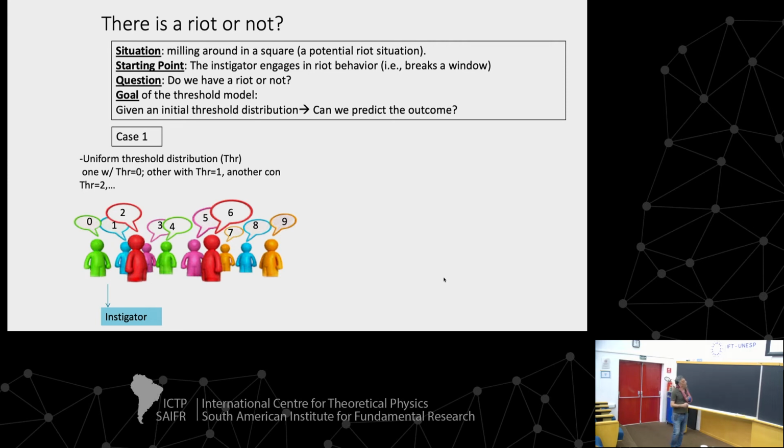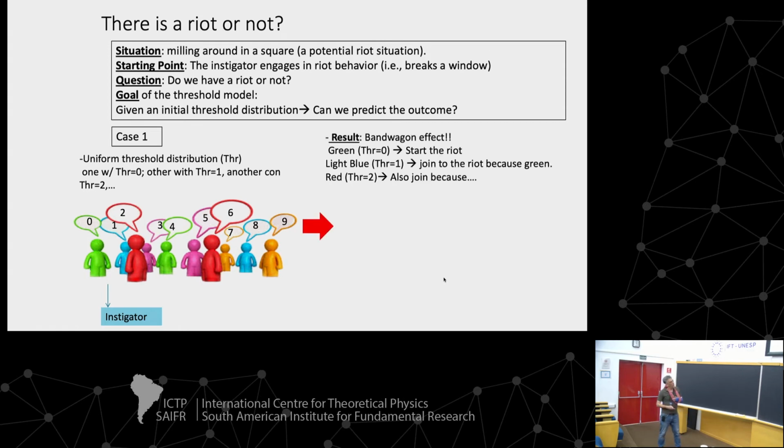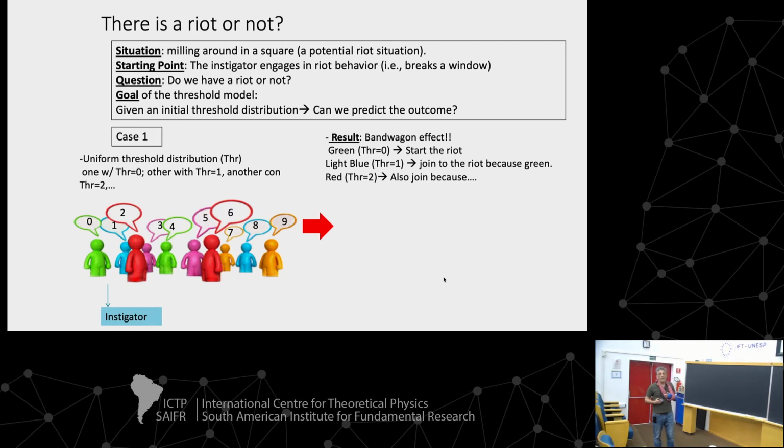The first example we are going to see here is a uniform threshold distribution. This is a very simple case. We have an agent with threshold 0, another one with threshold 1, another one with threshold 2, etc. This is the instigator. And what happens is what is called the bandwagon effect. The first starts the riot, the one with threshold 1 joins the riot.